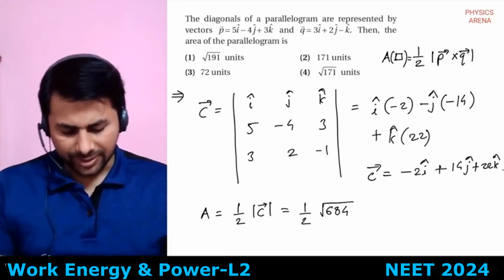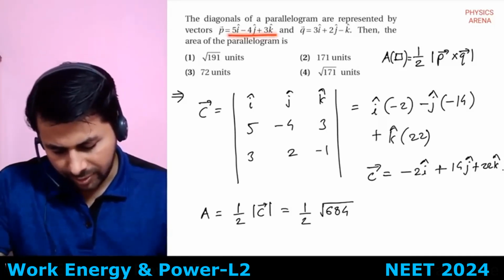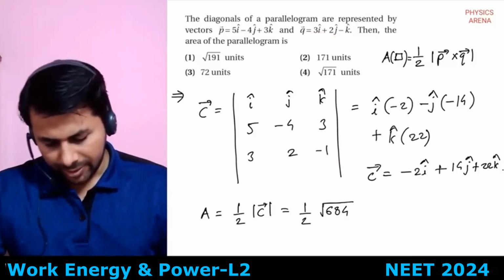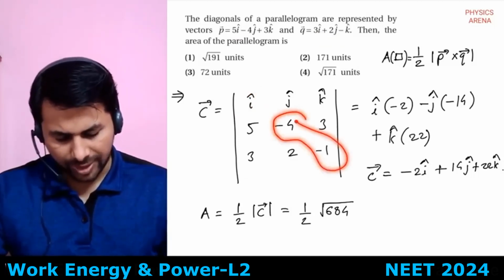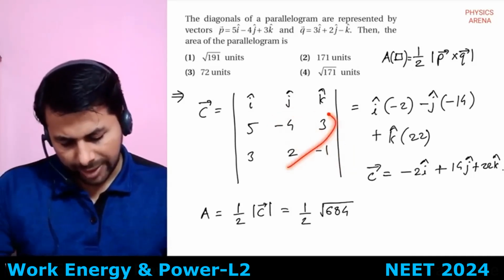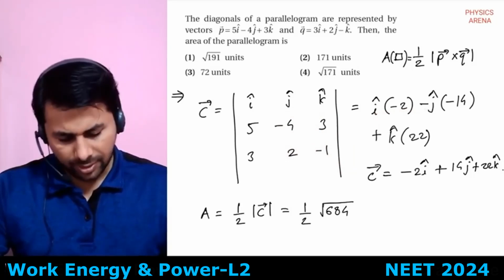All right, let's check it once again. So you have 5 minus 4, 3, and 3, 2 minus 1. So I cap times this thing, minus 4, so this is 4, 4 minus you have 6. So that's minus 2. That's correct.